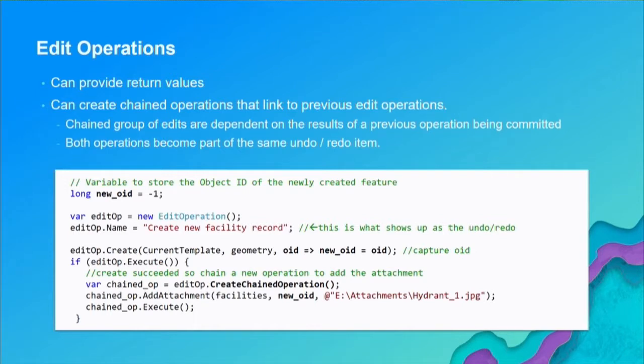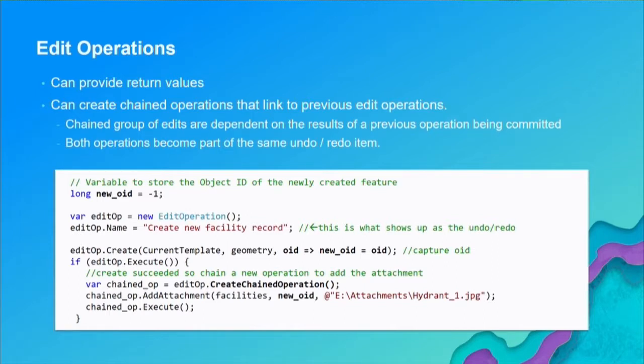And where you would use it is, for example, if you would create a new feature and would like to add an attachment. So again, we're setting up an edit operation, and on the line where we're saying create, we're also providing an action that will take a result, in this case the object ID of the newly created feature, and we're storing that into the new_OID variable.